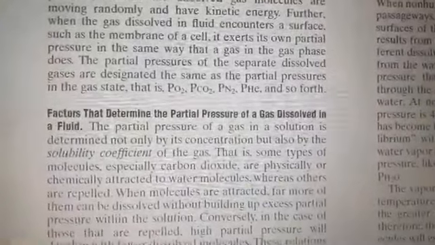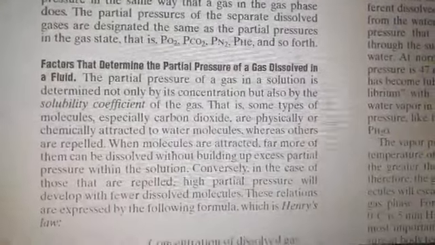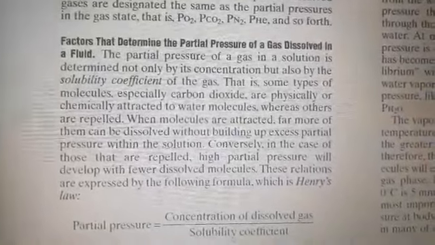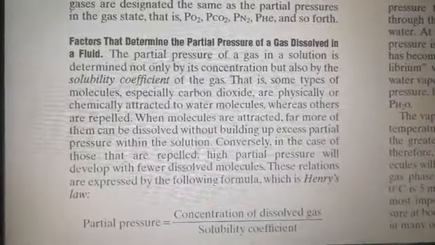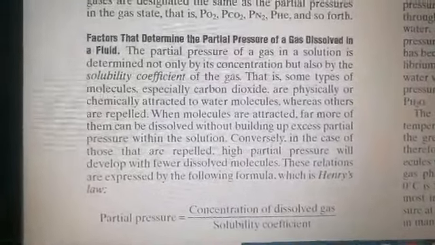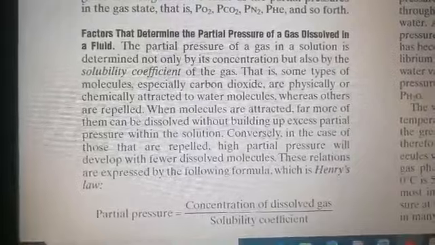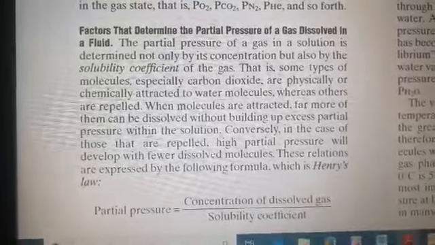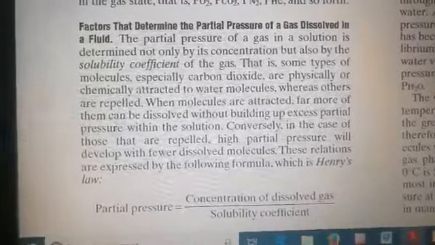Then is the concept of solubility coefficient. The factors that determine the partial pressure of gas dissolved in a fluid. The partial pressure of a gas in a solution is determined not only by its concentration but also by solubility coefficient.